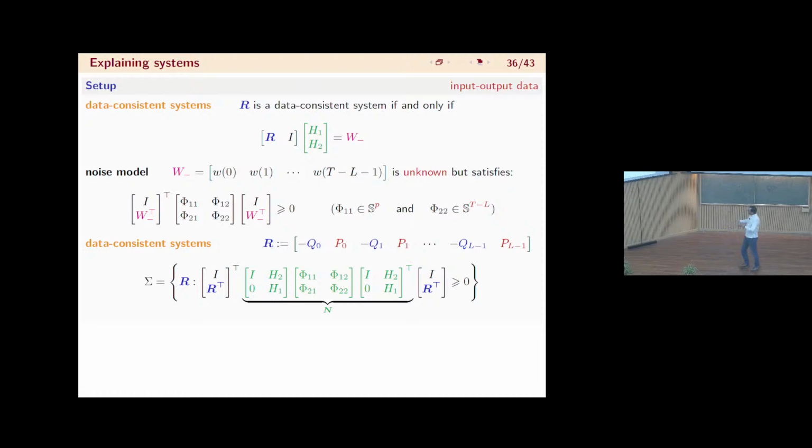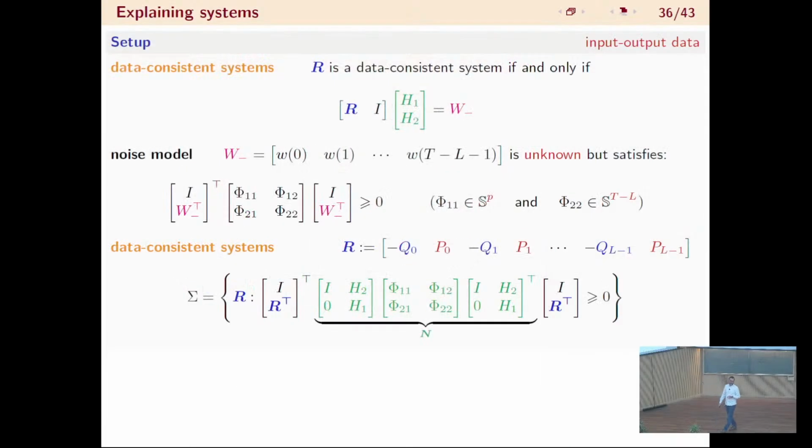Now I am in business. If somebody enters this room with a noise model and data, I can find this green matrix N, and then any R that satisfies the green quadratic matrix inequality represents a data consistent system. And in particular, the true one belongs to this set Sigma, because I collected the data from the true system.